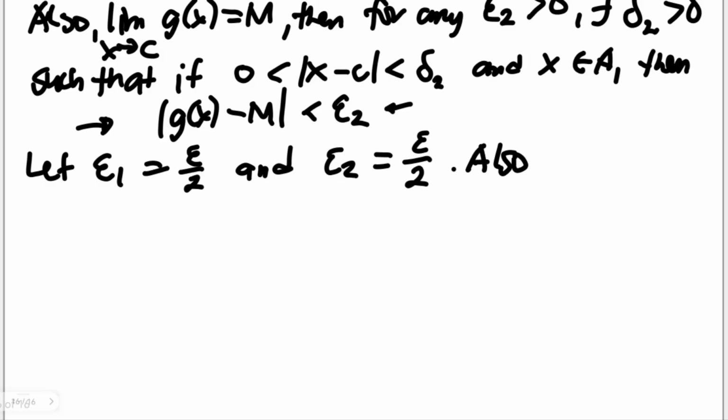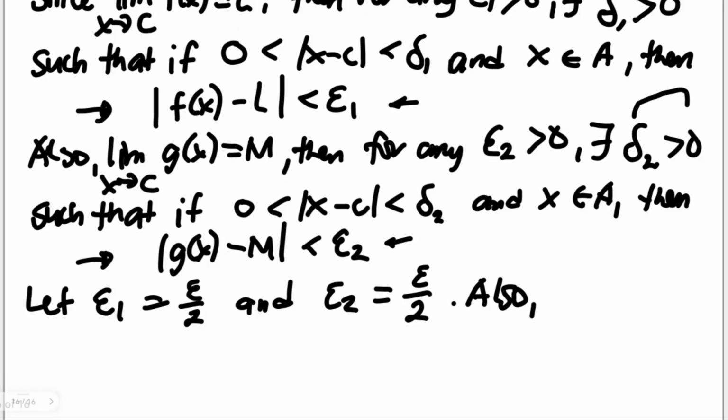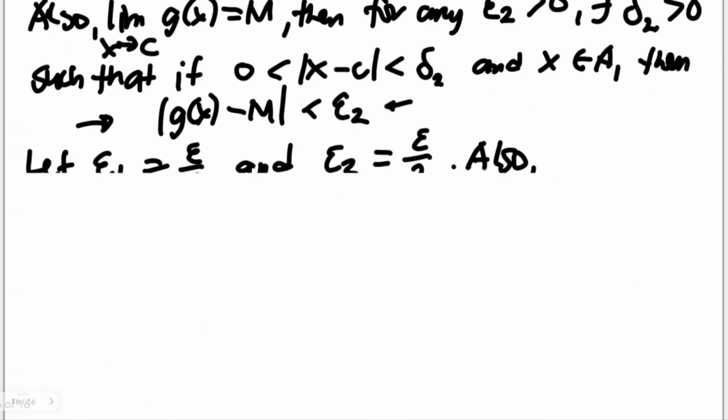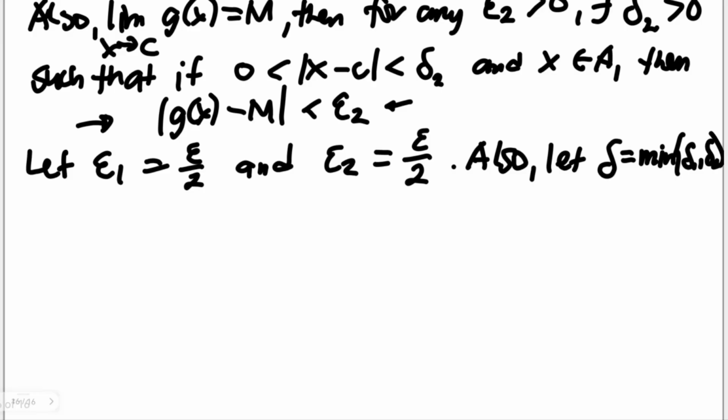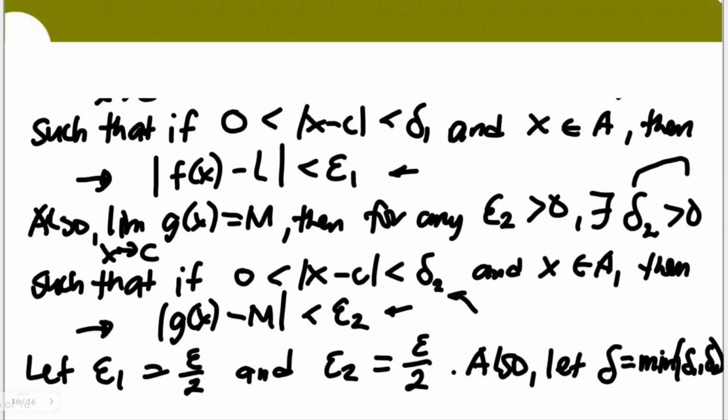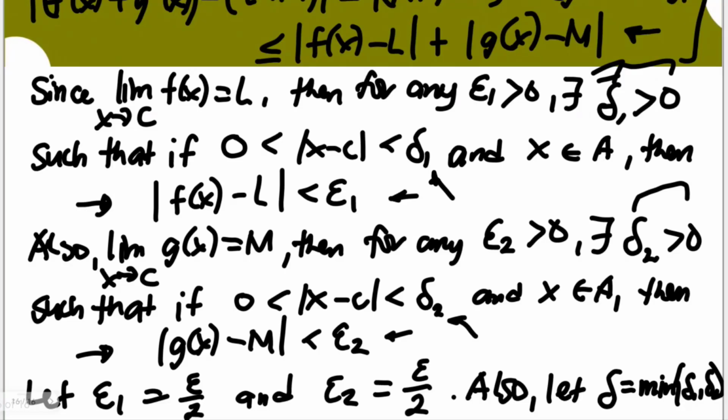After that, we are going to express the existence of delta. Since we have both delta sub 1 and delta sub 2, we let delta be equal to the minimum of delta sub 1 and delta sub 2. Whichever is the minimum would correspond to our delta, and it is still greater than the distance between x and c in both situations.